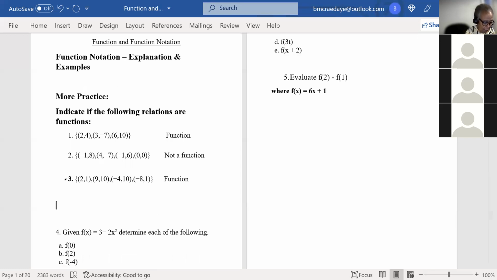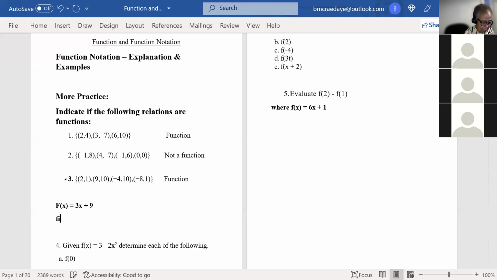Okay, so suppose I have f of x equal 3x plus 9. And I ask you to find f of 2.